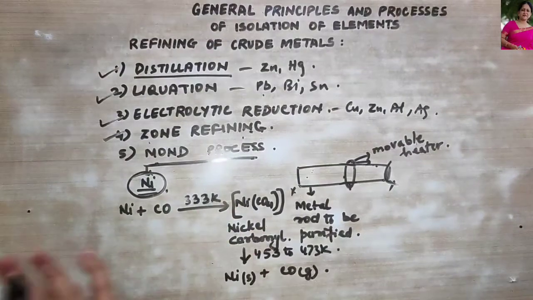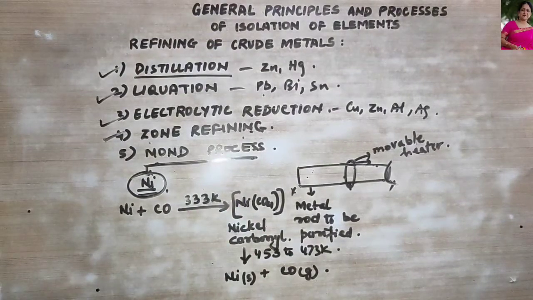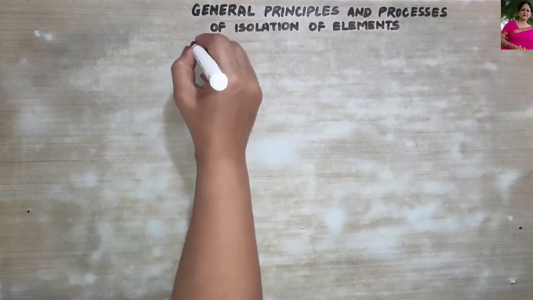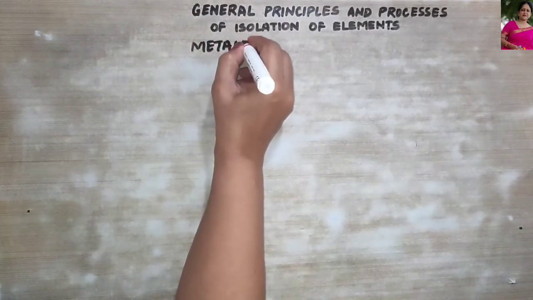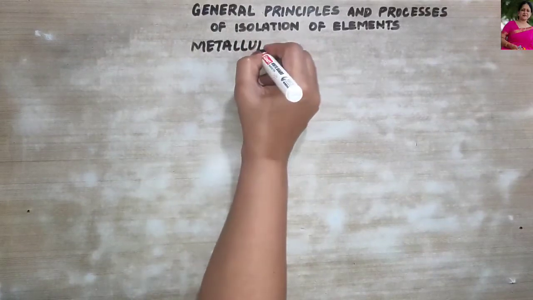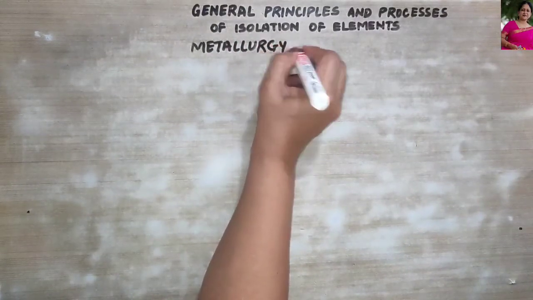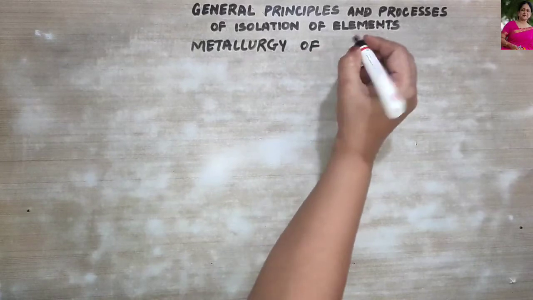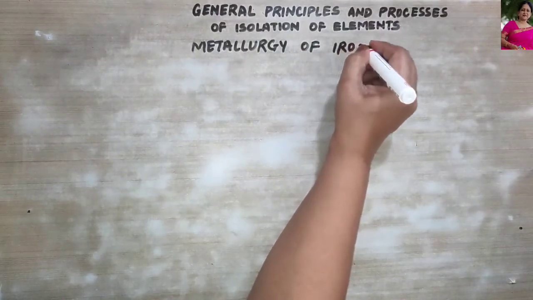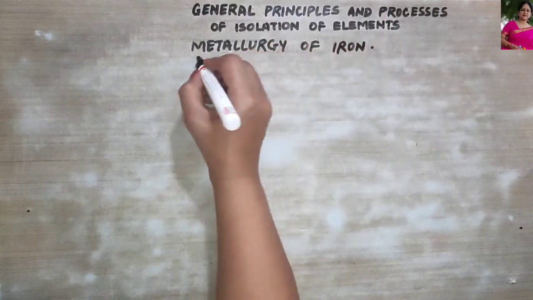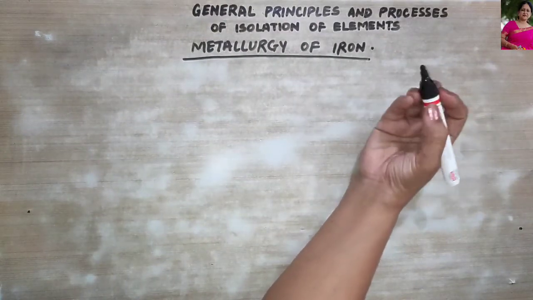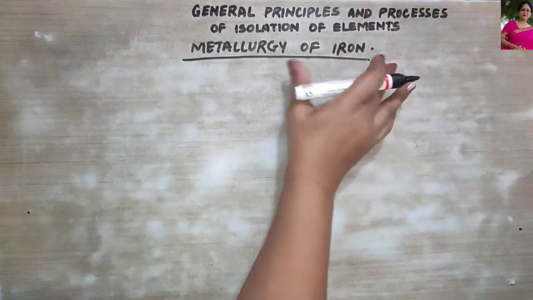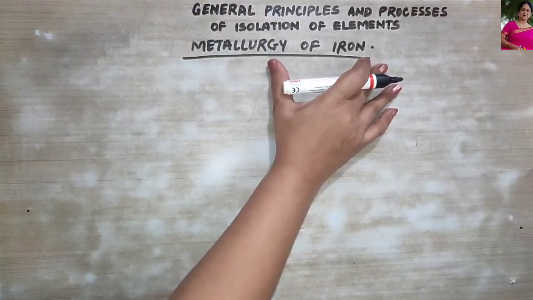Now we shall move to certain metallurgies. Let us talk about the metallurgy of iron. Today I am using a different pen whose nib is not so good, so I hope you are able to understand what I am writing.